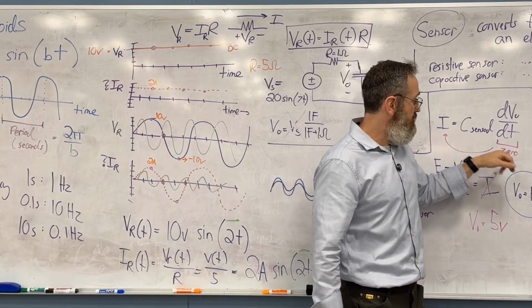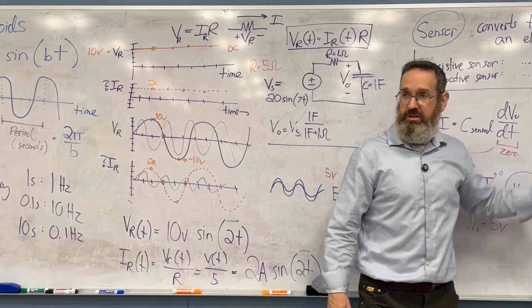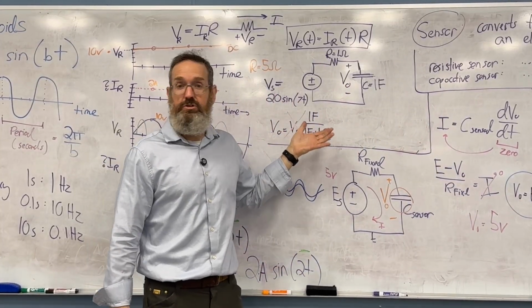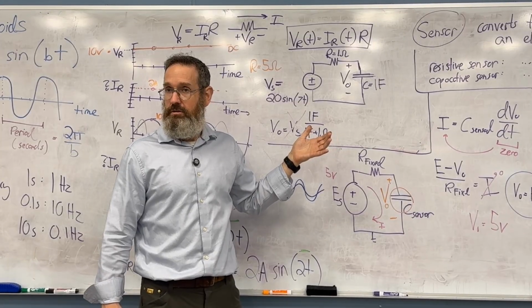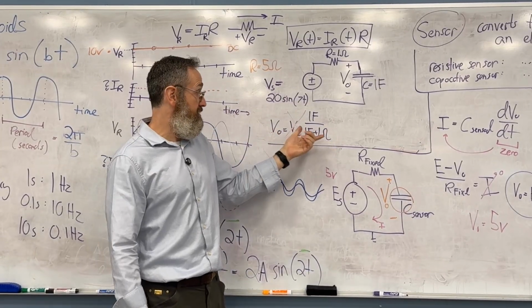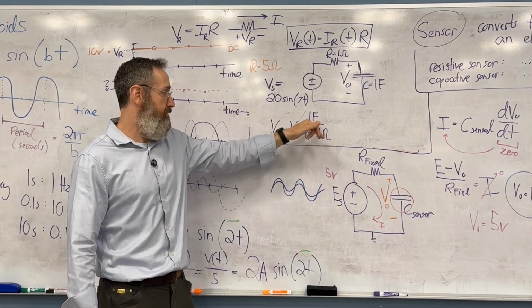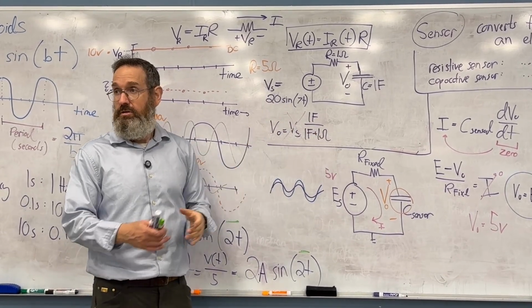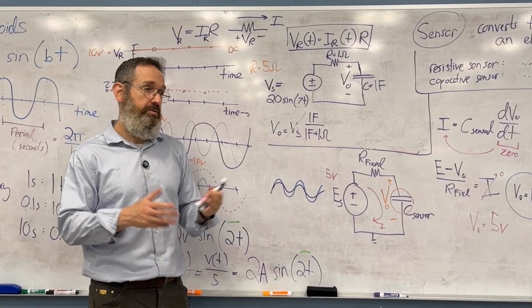This is the equation that determines what happens over a capacitor. Does that make sense? I haven't given you the solution yet, but this certainly is not the solution. It wouldn't even make sense. What's a farad plus an ohm? You can't add those things together.